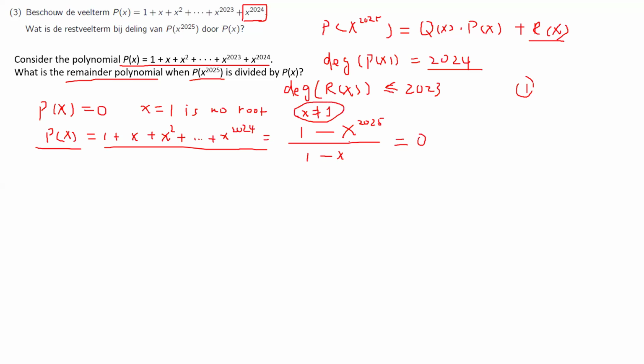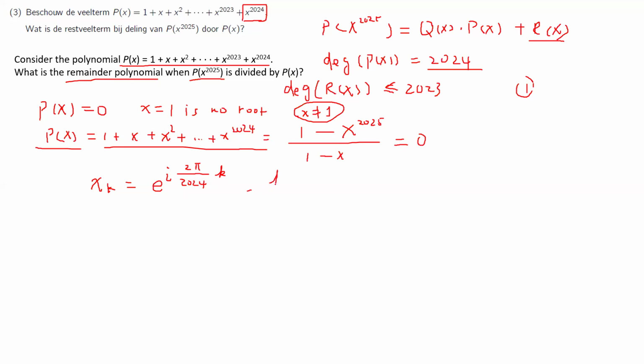So it's very easy to find the 2024 roots of these equations, where x_k equals e to the i, on the unit circle, 2 pi divided by 2024 times k.